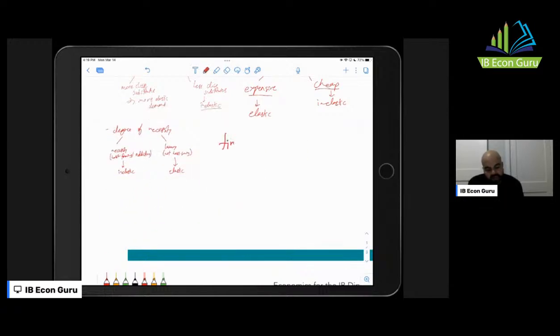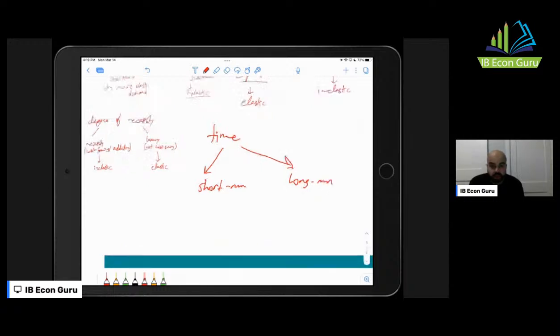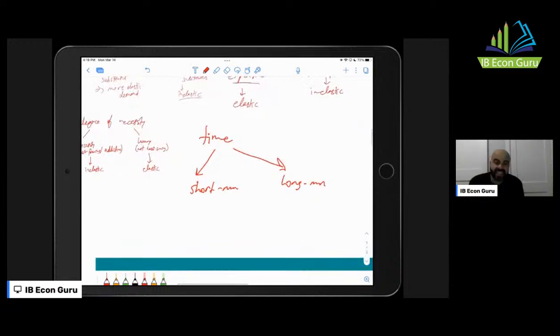The last determinant is time period. And here we distinguish between the short run and the long run. Consumers have sticky habits. Consumers do not adapt to changes in prices right away. It takes some time for consumers to adapt to price changes. So in the short run, consumer demand is often very price inelastic. Why?